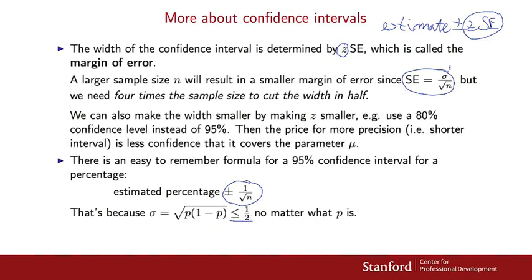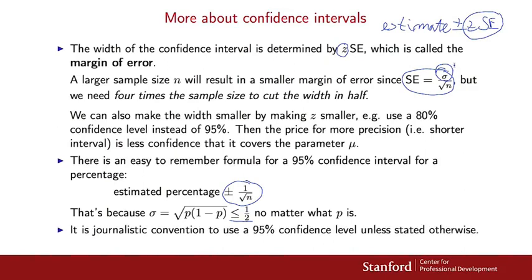So if we plug this into our formula for the standard error, we see that z times standard error, well, z equals 2, and sigma is not more than 1/2, and those 2's cancel out, and so we are left over with that rule of thumb. Sometimes newspaper articles give confidence intervals without stating a confidence level. In that case, it's tacitly assumed that the confidence level is 95%.